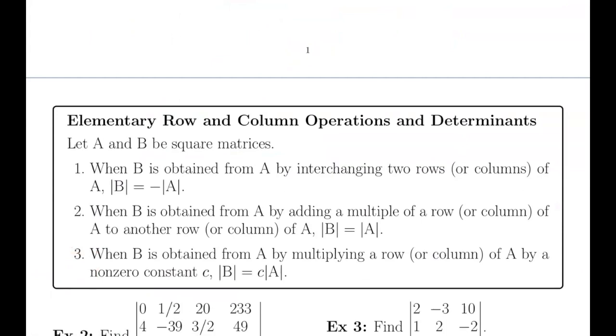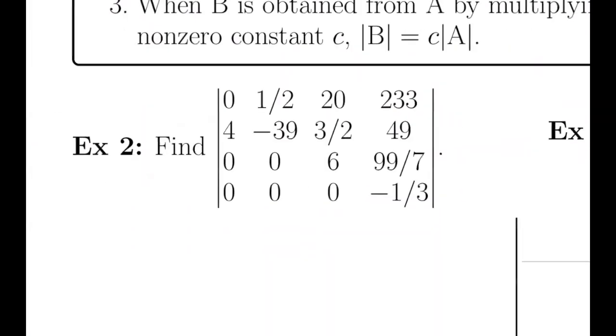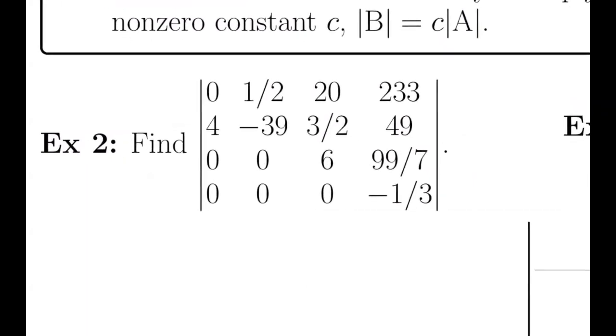So let's do example 2 using what we just learned. We want to find the determinant of a 4x4 matrix. We're avoiding cofactor expansion and we're going to use these row operation or column operation shortcuts now. We're skipping 3x3s and starting off with a 4x4.